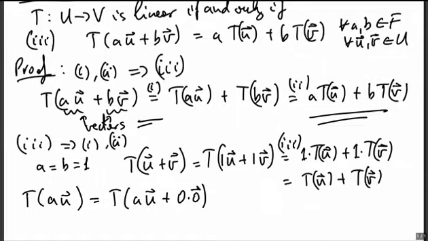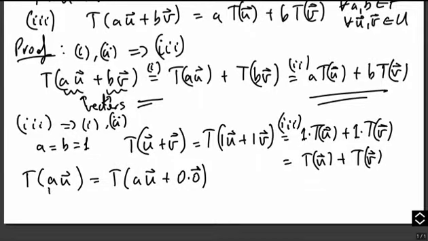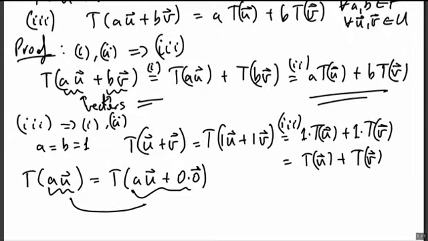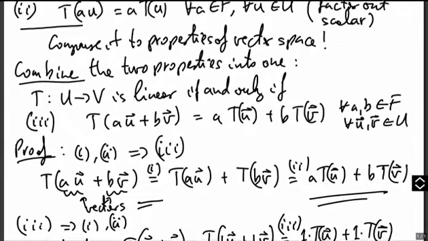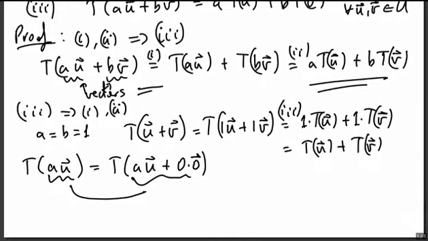This is overdoing it, since if one of them is 0, then it's already the 0 vector. So then this is the same as au, what I'm supposed to be using for the second property. I'm supposed to have T of au. au is the same as au plus the 0 vector.